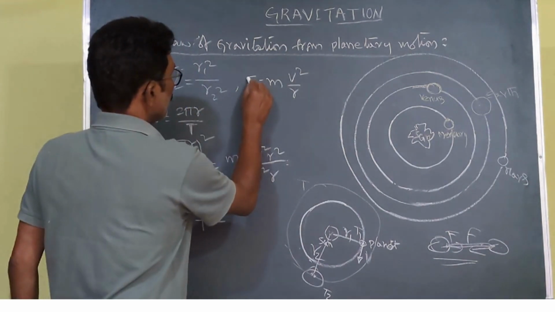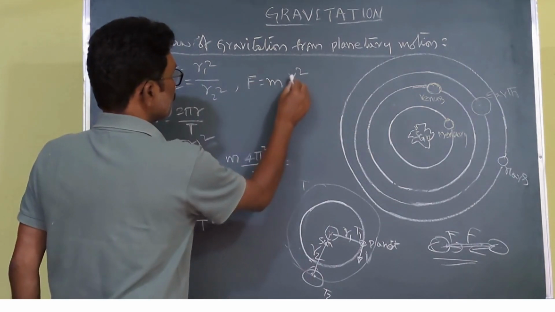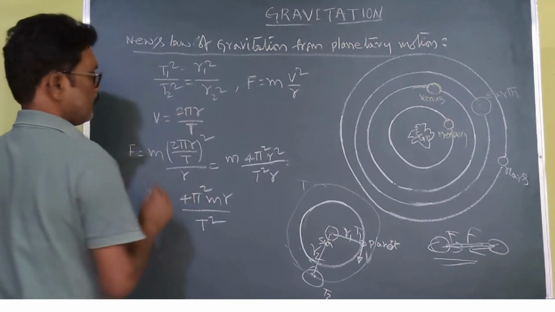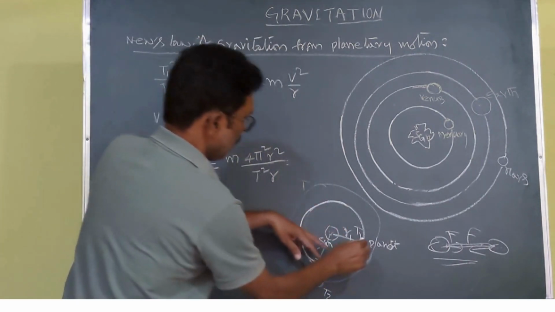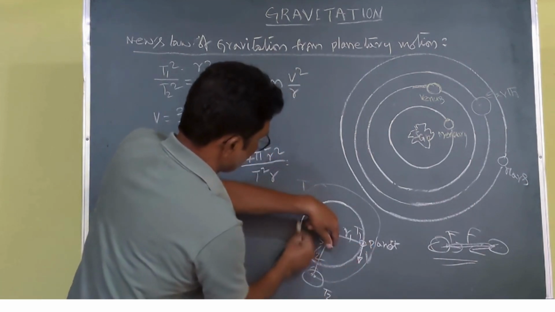We know that in a circular path, force equals mass into v squared by r, and v equals 2 pi r by T. Suppose this is the planet completing one circular revolution.